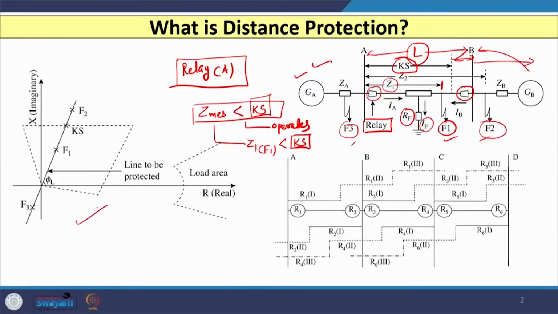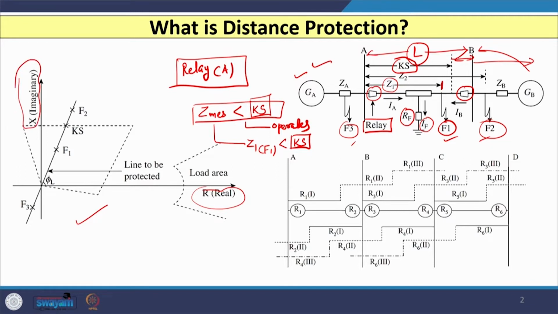The most widely used characteristic in distance relays is known as the quadrilateral characteristic, and this characteristic is shown here. All the characteristics of the distance relay are shown on the RX plane, with the R or real part on the x axis and the X or imaginary part on the y axis.